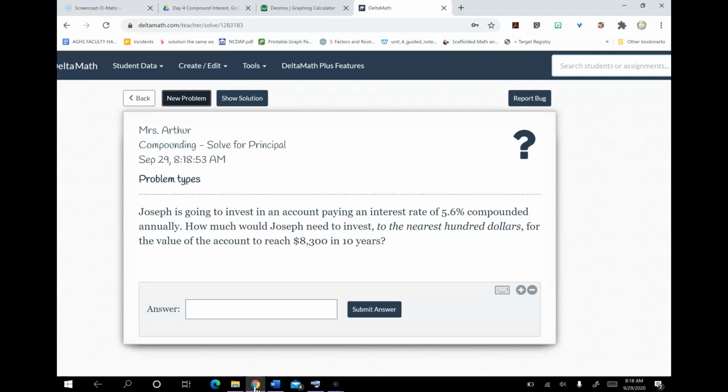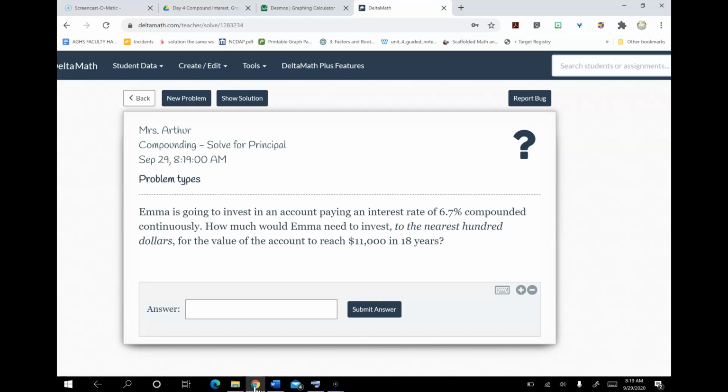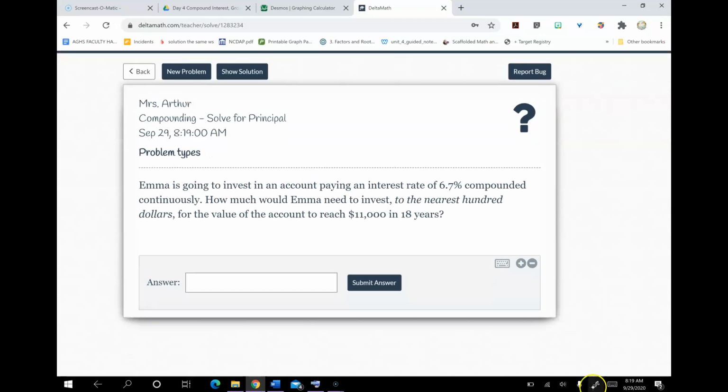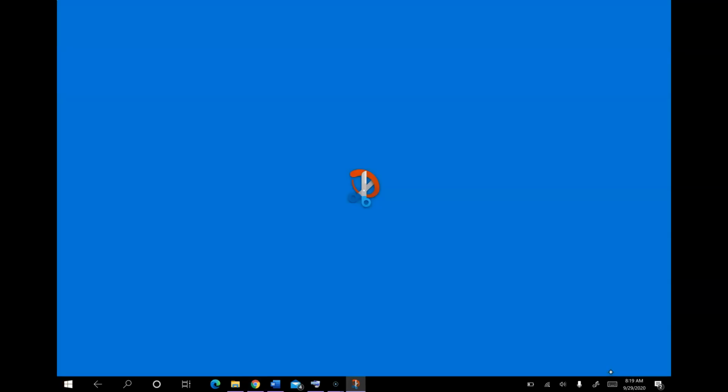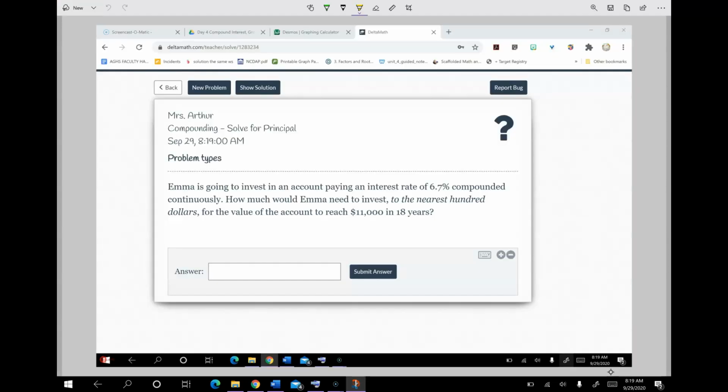Did I click on the right one? No, I did. This is funny. Here we go. Oh, I love technology, don't you guys? So we'll do 1, 2 like that, because you're going to obviously see them. We'll do one compounded continuously and one compounded some other way.